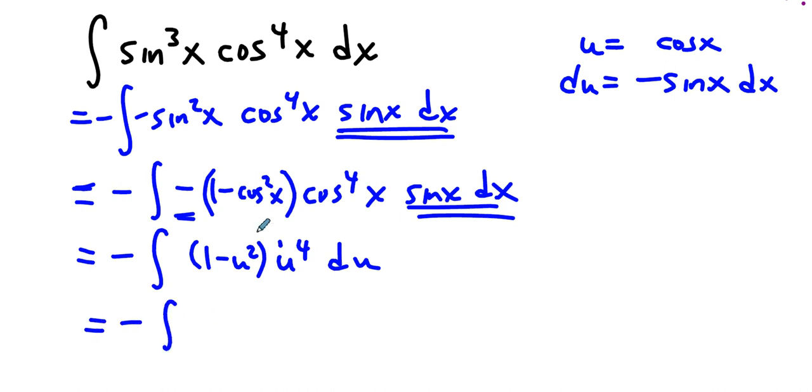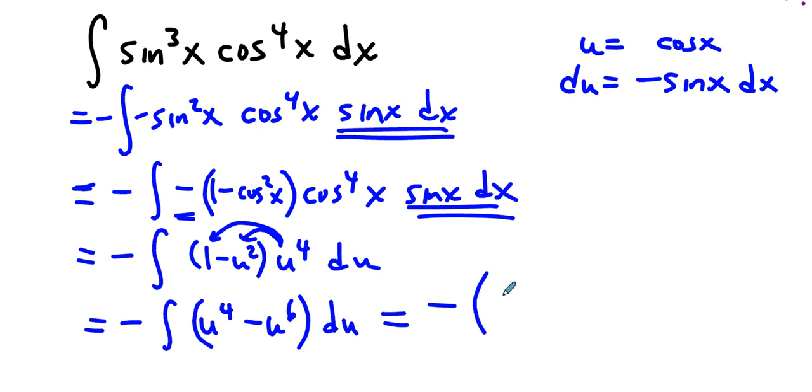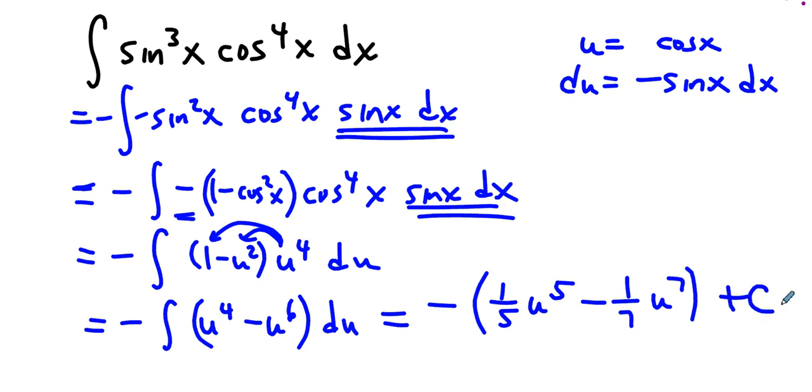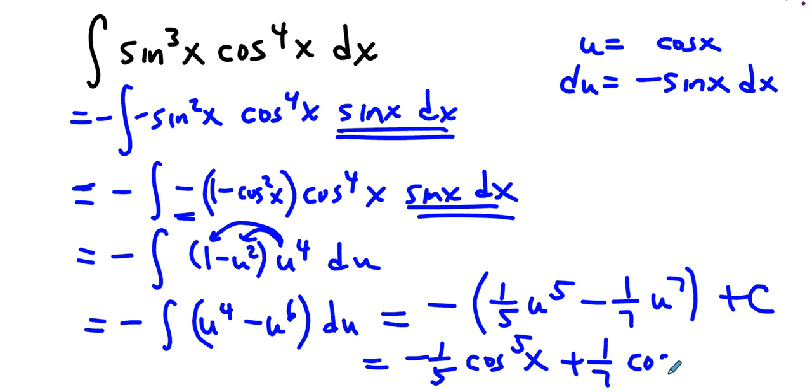This is the integral of u to the 4th minus u to the 6th du. And we know how to do that. That's 1/5 u to the 5th minus 1/7 u to the 7th plus a constant. And what was u? U was cosine of x. And you got it.